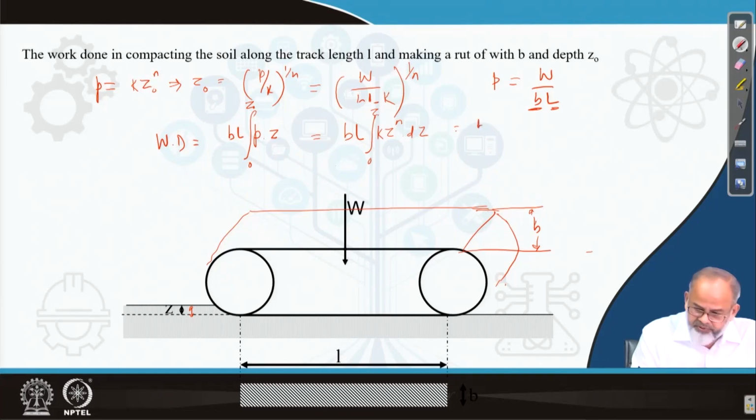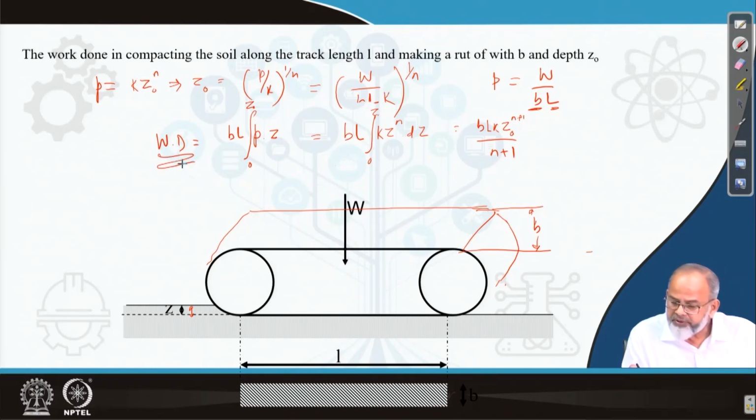So this becomes B L K Z0 raised to the power n plus 1 by n plus 1. That means work done is a function of the area, the sinkage, and the exponent of sinkage n. So soil condition, contact area, and K is the modulus of sinkage. Okay.